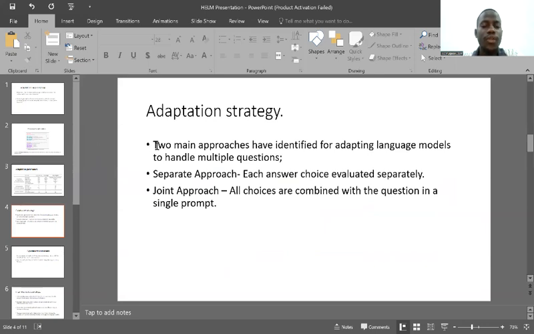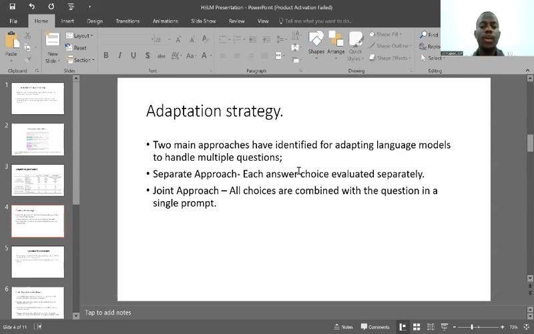In this, we have two main approaches that will enable the models to adapt to handle multiple choice questions. First of all, we have what we call the separate approach.